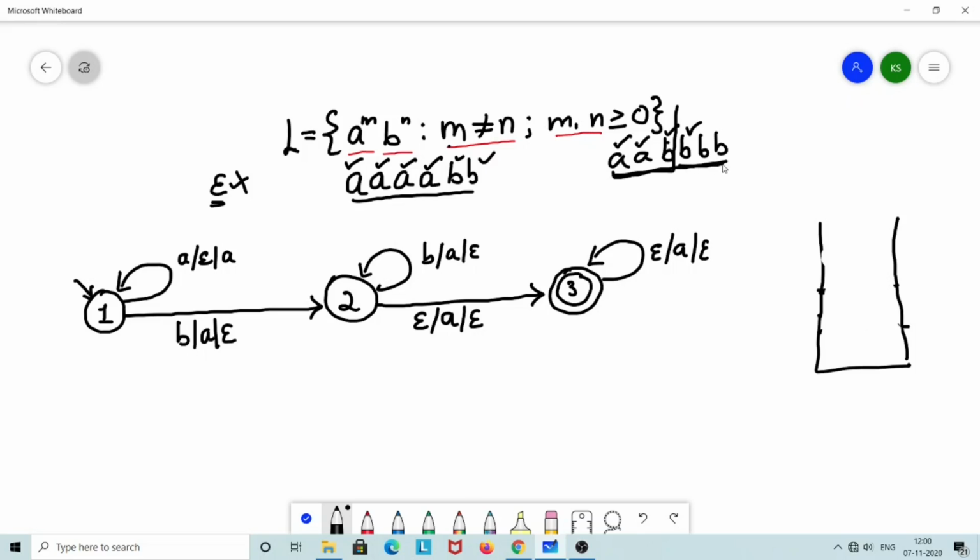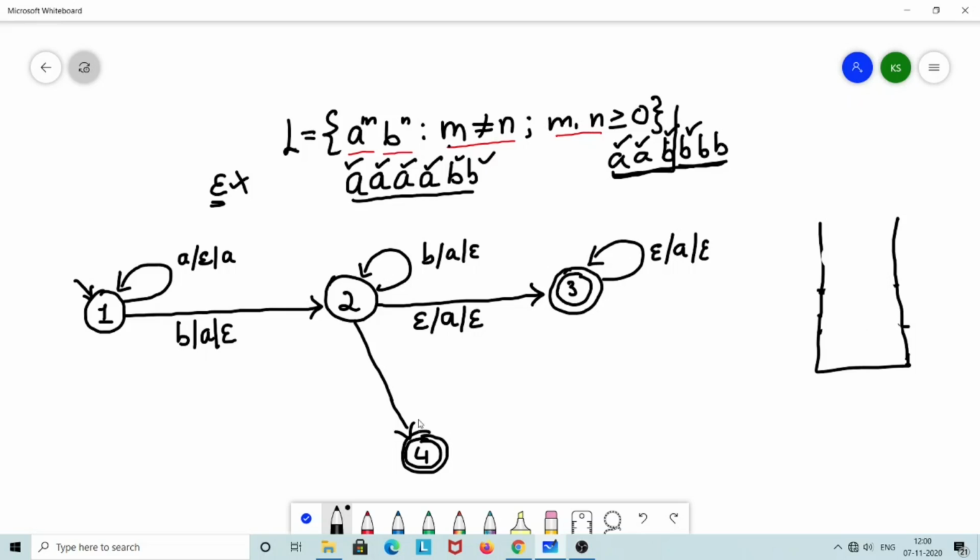We have more B's. The stack is empty, but I am not in an accepting state. So for further occurrences of B, I have to make a transition to a new state that will eat up, or ignore, all the remaining B's.